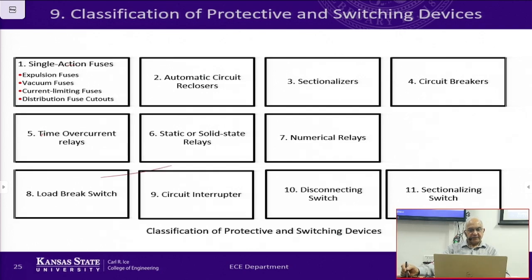Other things include load break switch, circuit interrupter, disconnecting switch, sectionalizing switch. So we're going to talk about all these things a little bit, maybe not go into a whole lot of detail, but talk a little bit about what they are. And we'll also look at some examples on how to deploy some of these things.